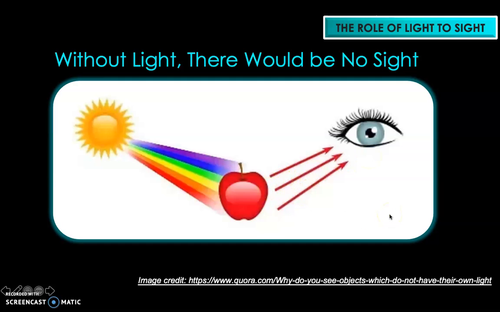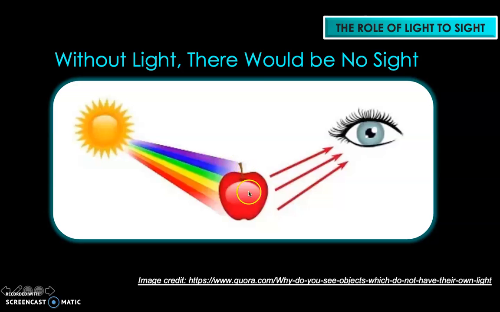So I'd like you to think of it as some sort of messengers. I'd like you to think of light waves or light rays as messengers or signal transmitters that as they get emanated from the sun, as those light rays leave the sun and head towards the apple, they will get some information as they interact with the particles of the apple.